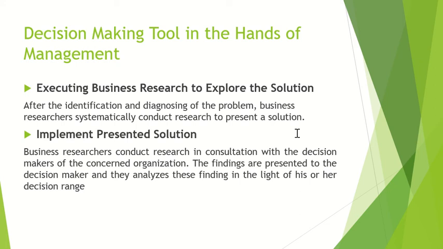Students, this is basically the action step, because after identification and diagnosing of the problems and opportunities, researchers are required to conduct research in a systematic way and find out what are the reasons and what are the possibilities of these problems.